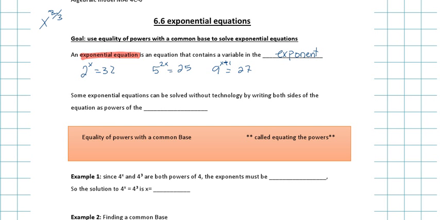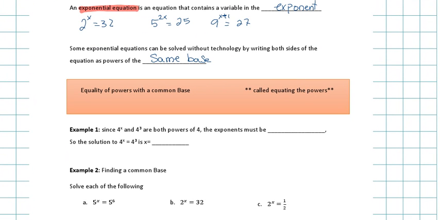Which means I will have something that looks like this. So I'll have both sides with the same base. Okay? With an equal sign between them.